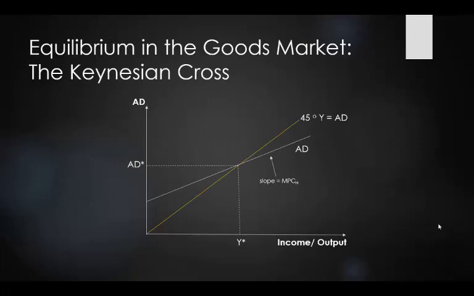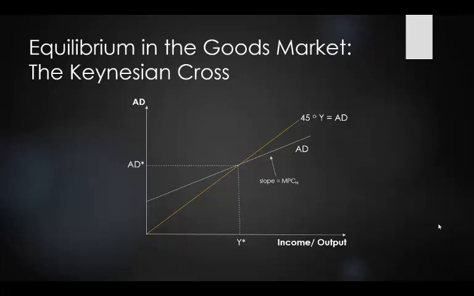Depicted in diagrammatic form here is the income expenditure model in equilibrium. In diagram form, it's also called the Keynesian cross, given that it appears as a cross in the aggregate demand-income-output plane. The Keynesian cross is made up of the 45-degree line, where every point on that line reflects combinations of output and aggregate demand that are equal, and the aggregate demand function that captures the actual levels of planned spending in the economy.